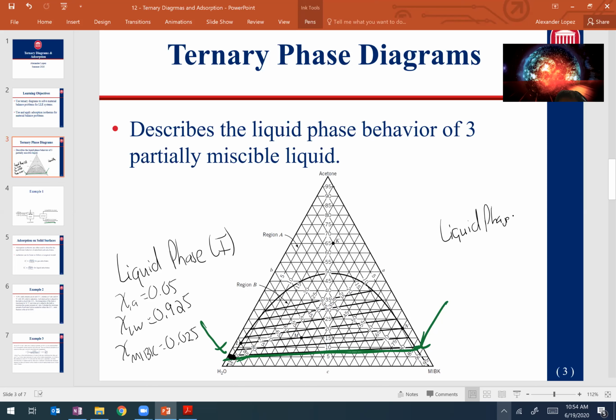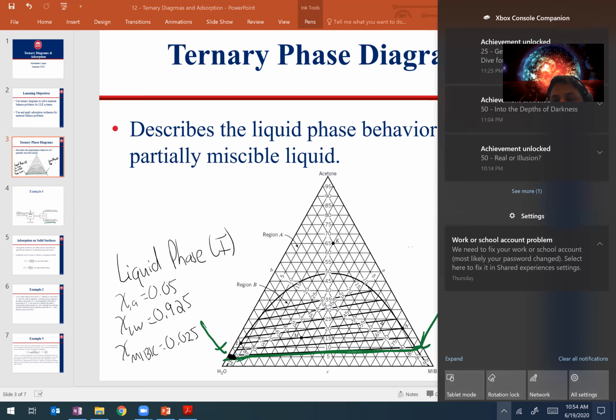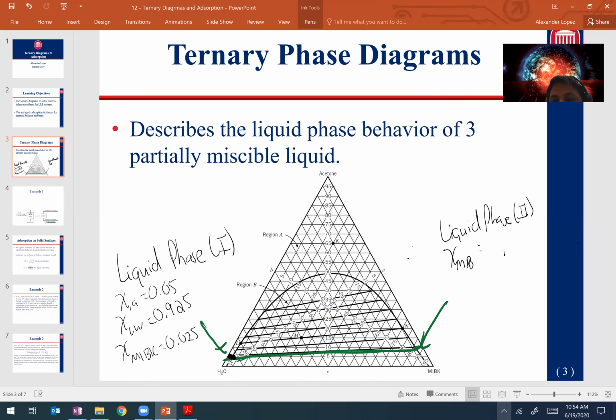For my liquid phase 2 that forms, my MIBK, because it's going to be an MIBK rich phase, is going to be approximately about 86% MIBK.